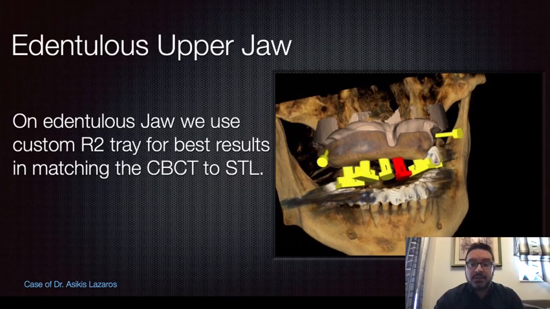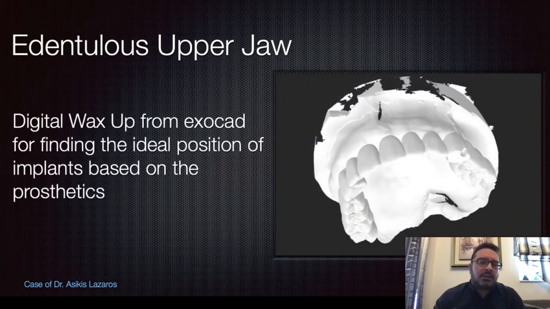Then we take it to the CBCT, and then we proceed to the treatment plan. This is the digital workshop that we get from the exocad, so as to do a prosthetic drive and implant position in the mouth.